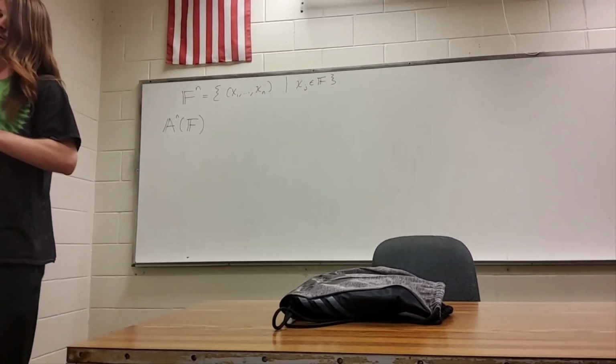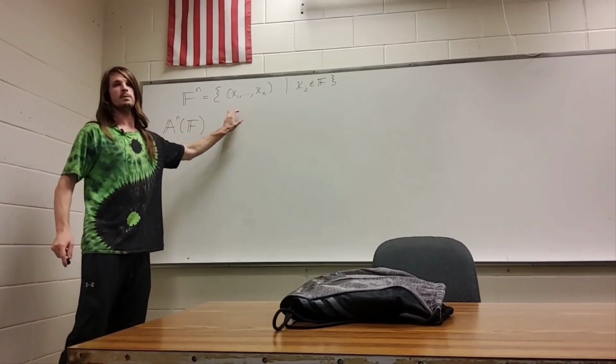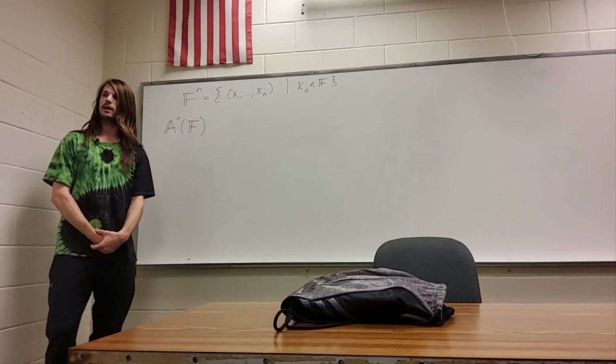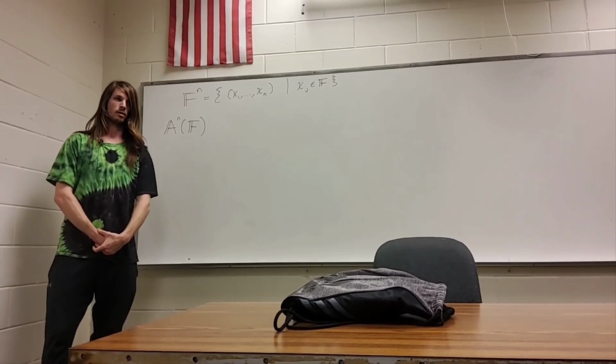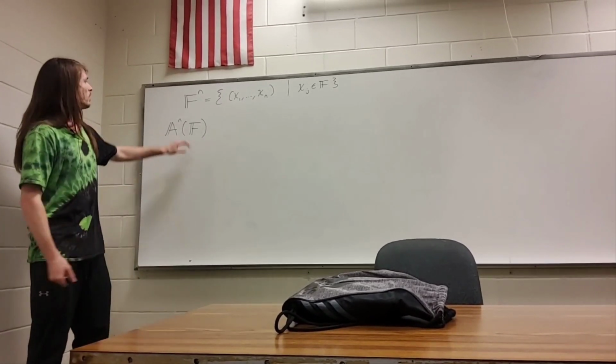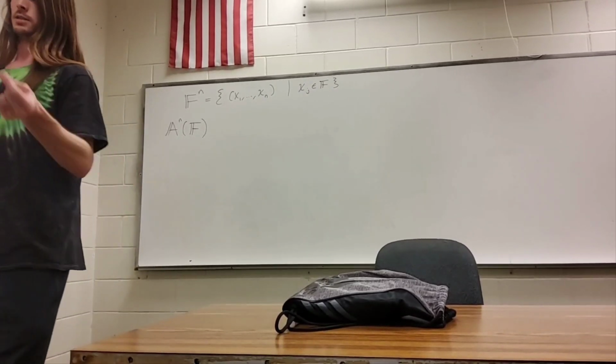But when we're talking about this space, there is a special distinguished point of F^n, the vector space, which we would like to no longer be distinguished anymore. We would like all of the points in space to be the same. In a vector space, the origin is not the same as every other point. It's special.